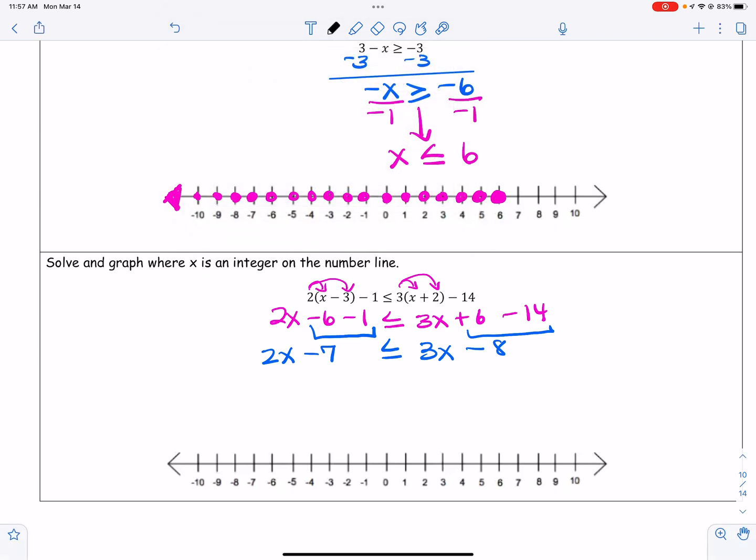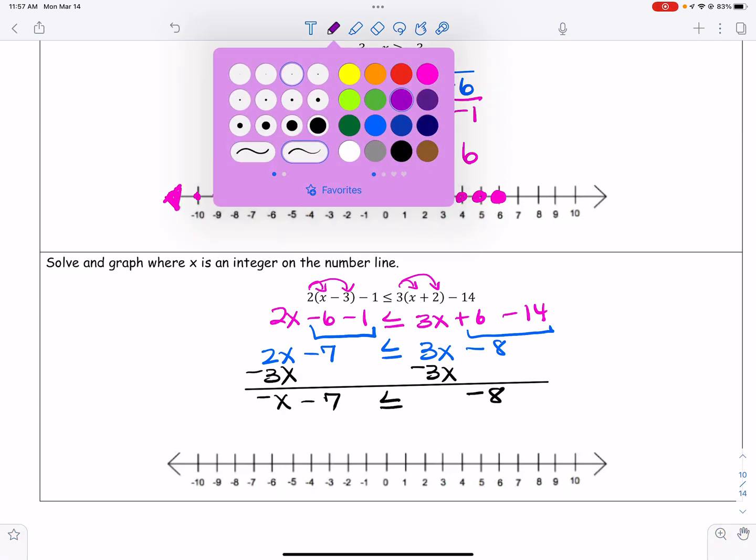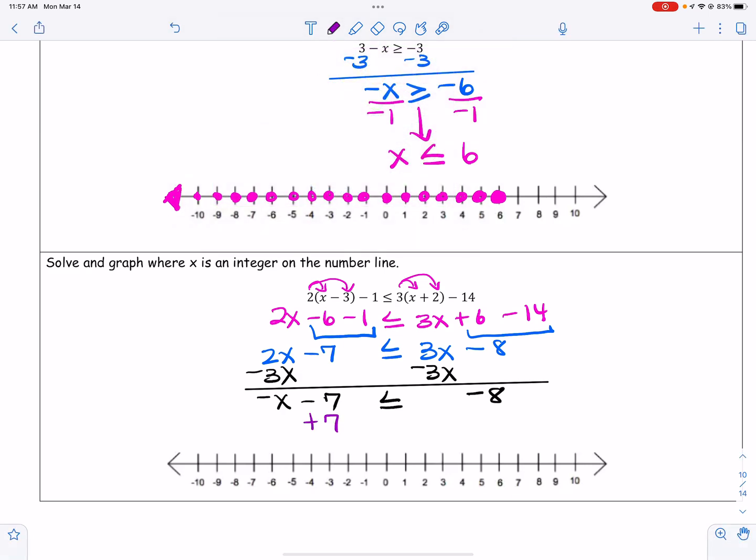I'm going to subtract the 3x, and so I get negative x minus 7 is less than or equal to negative 8. Let's add 7 to both sides. Come up here, and I'm going to get negative x is less than or equal to negative 1.